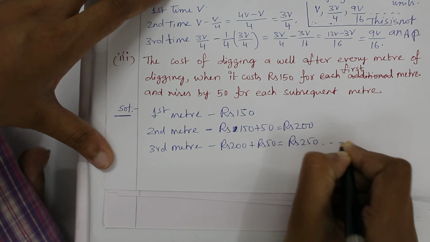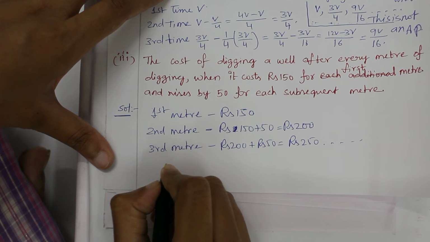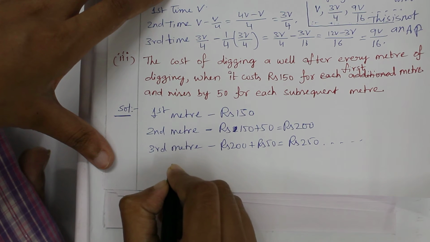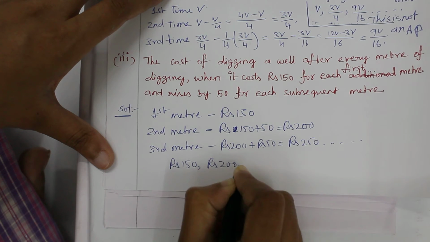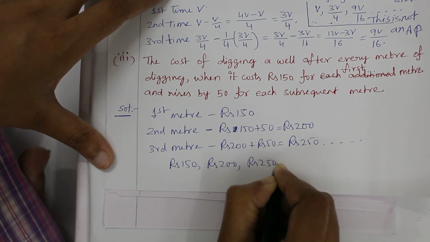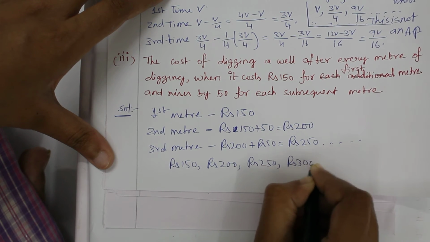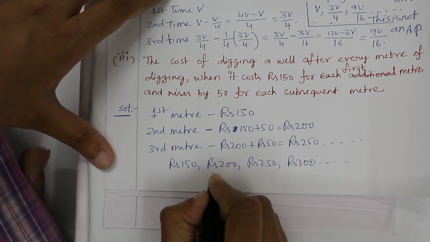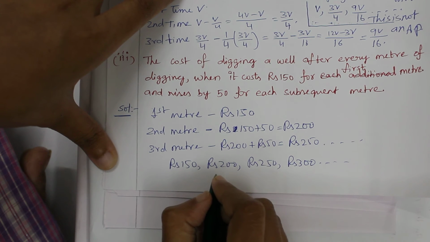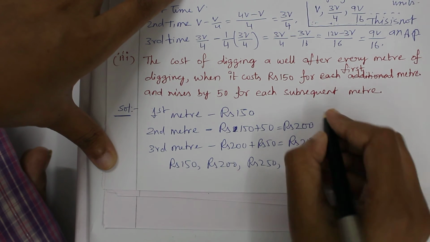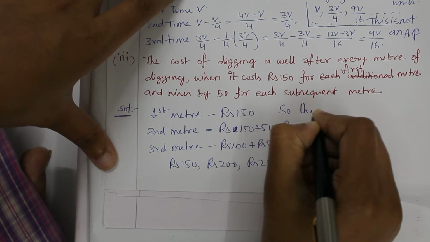And it goes on. So how does the series look like? Rupees 150, rupees 200, rupees 250, rupees 300, and it goes on. Clearly we see that there is a constant difference of rupees 50 between any two consecutive terms in this arithmetic progression. So this is an AP.